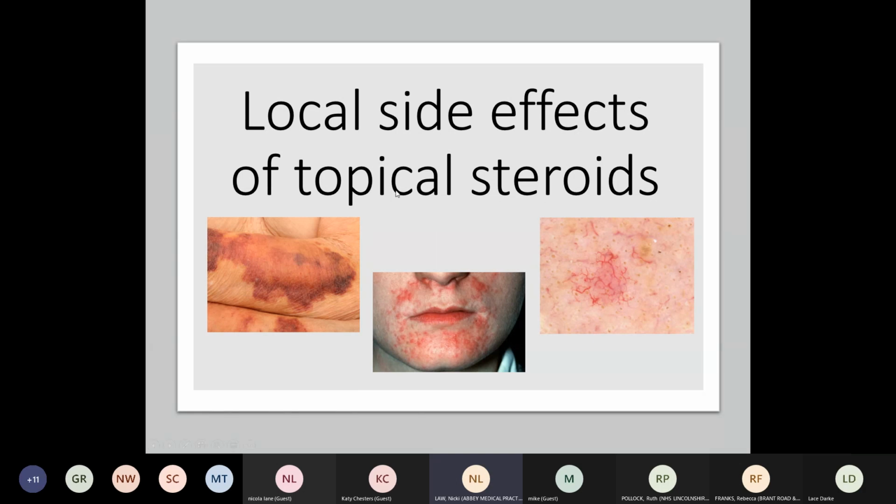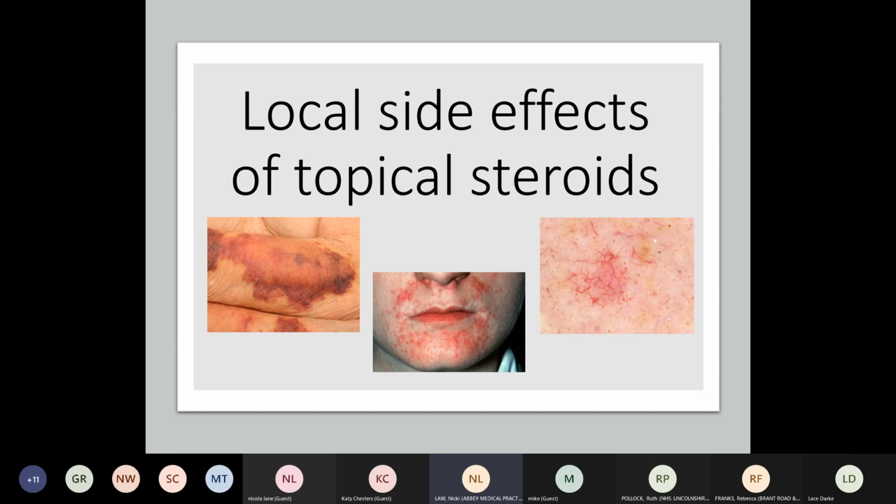And I think the side effects and that thought is really important, because if we gave everybody Dermovate all the time, they would think it was fantastic because it will work really quickly, and they'll get what they want of their skin feeling and looking better.